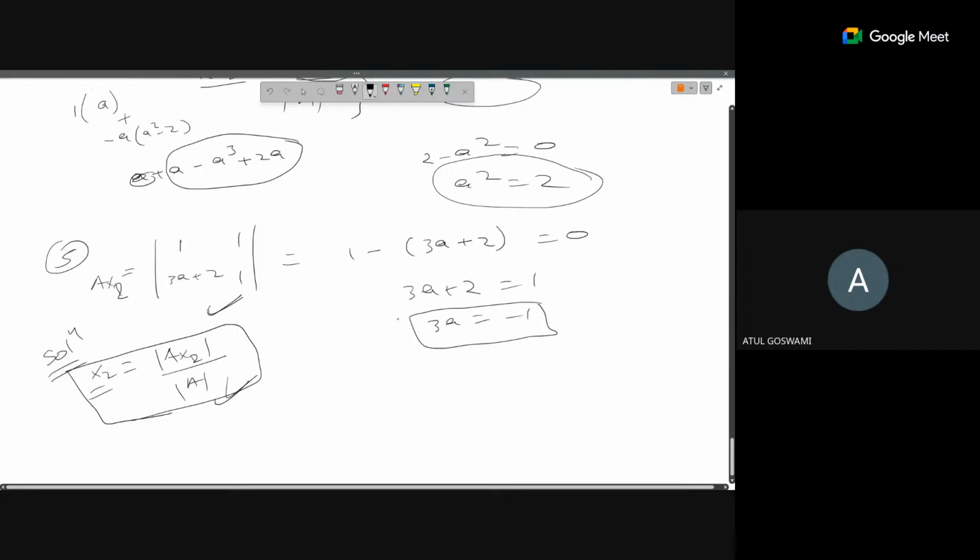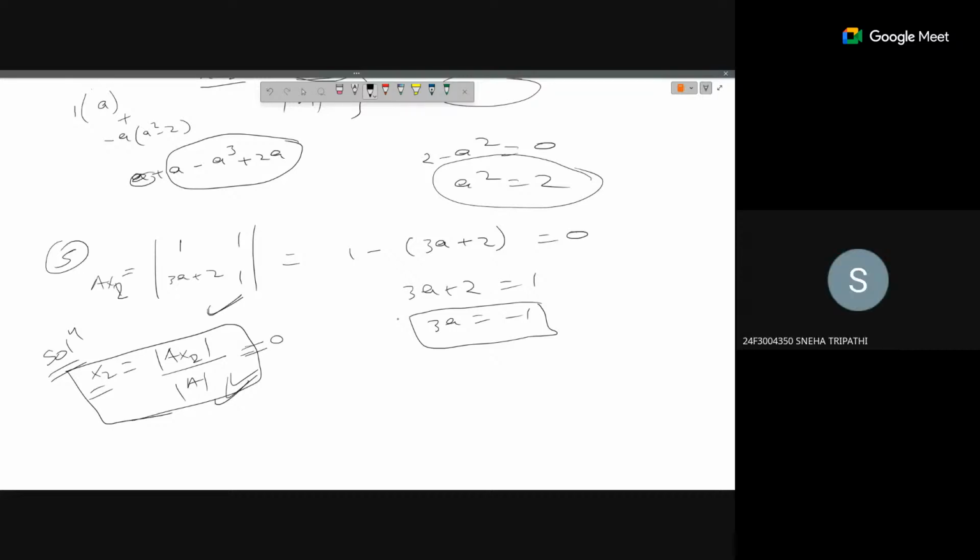This is clear. Yes, sir, we can find this. And x2 is 0. That means when this expression is 0, when the numerator is 0, because the denominator cannot be 0. So only the numerator should be 0. This is the numerator, the determinant of Ax2.